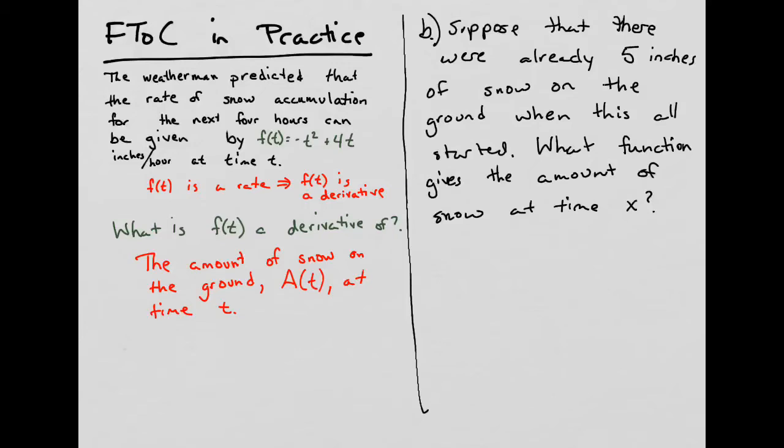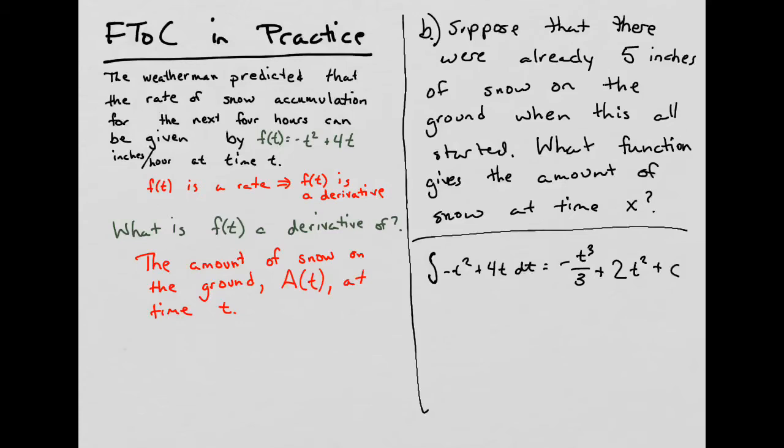Okay, so we already know that the amount of snow is going to be this antiderivative, right? We already know it's going to be an antiderivative. So if we were to find the antiderivative of this guy, which we've already done, then the antiderivative of f of t, which is the antiderivative of negative t squared plus 4t dt, is going to be negative t cubed over 3 plus 2t squared plus c.